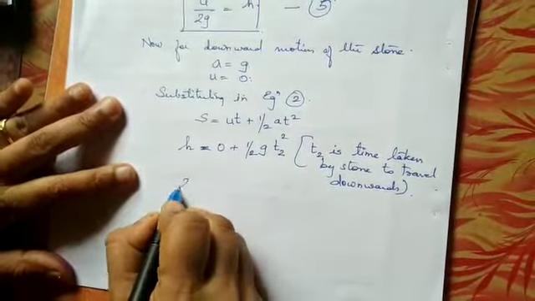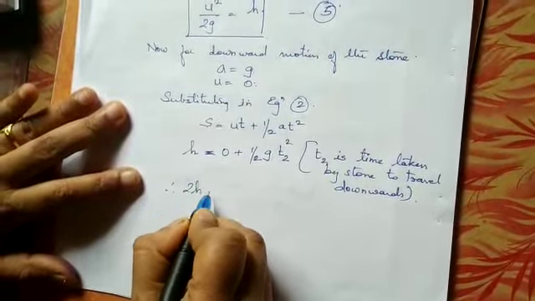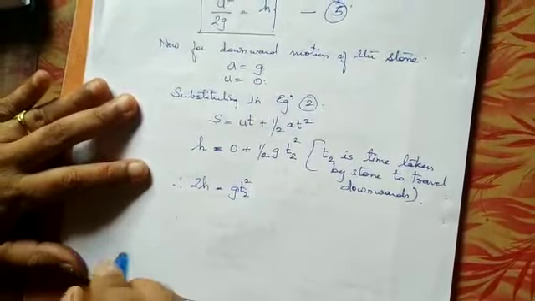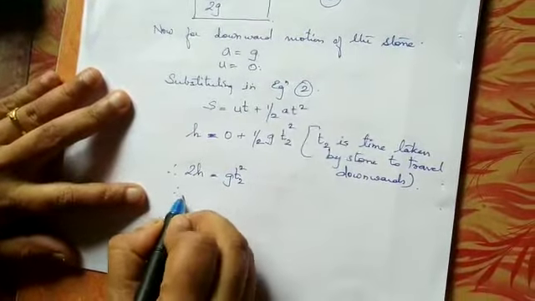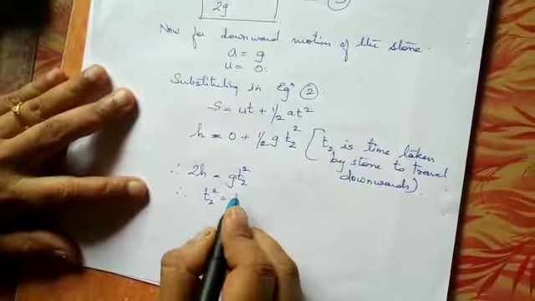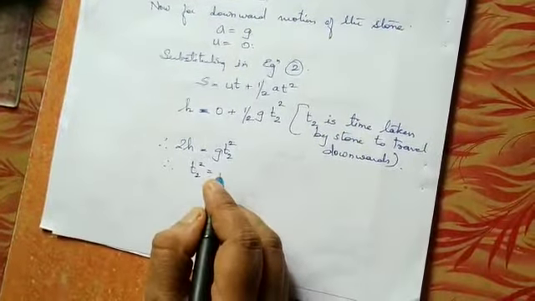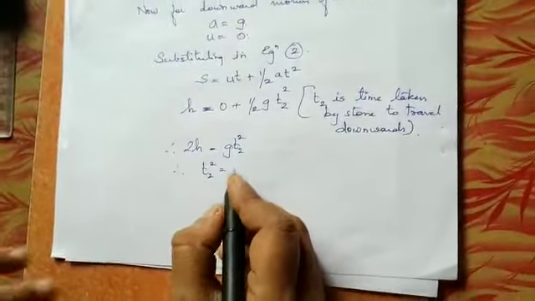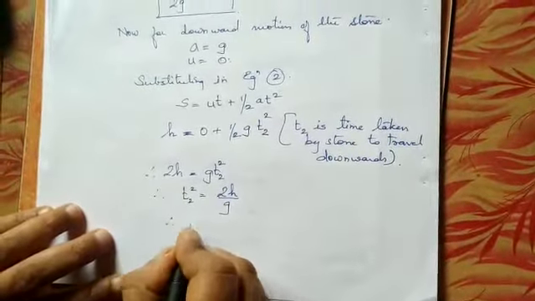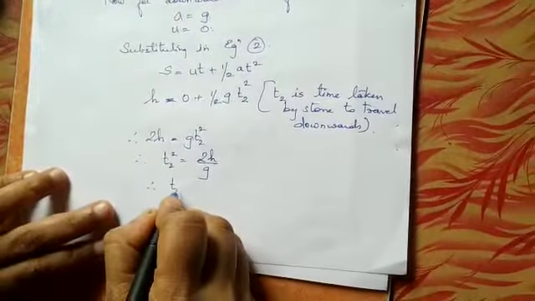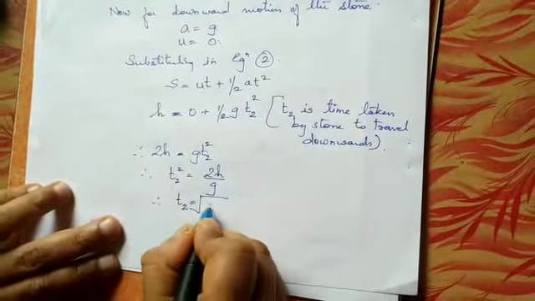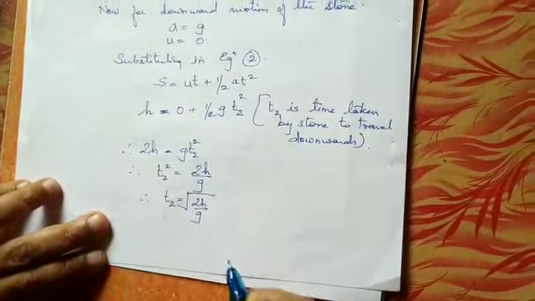Making both the sides equal, we get 2h is equal to g t2 square. We'll get t2 square is equal to 2h upon g. So we will get t2 is equal to under root 2h upon g.